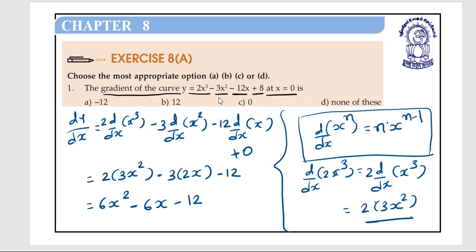Here x is equal to 0. We have to find out the gradient of the curve at x is equal to 0.